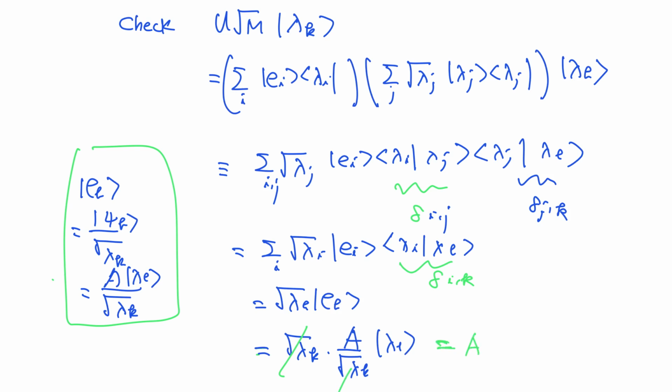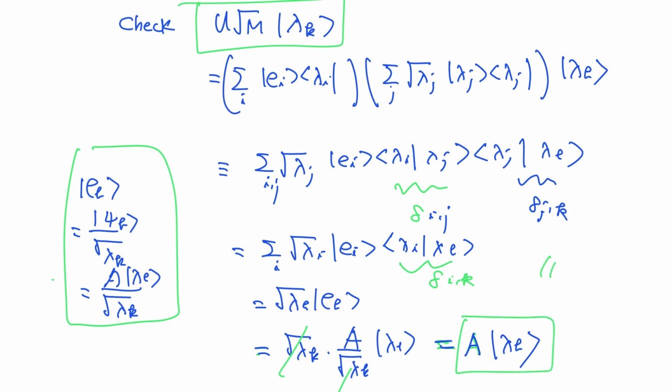A lambda_k. So that means this must be the same as this. That is, A can be written as U square root of M, which is called polar decomposition.